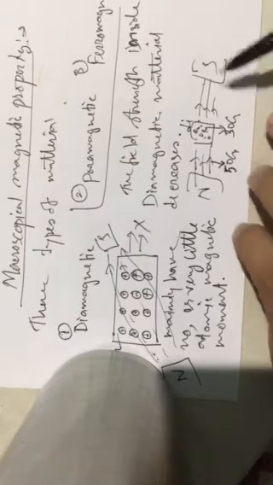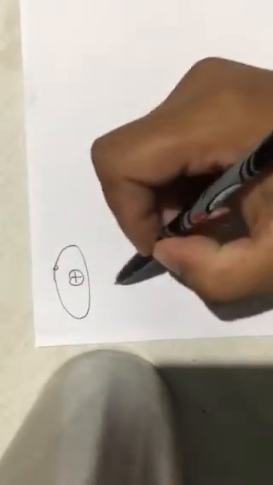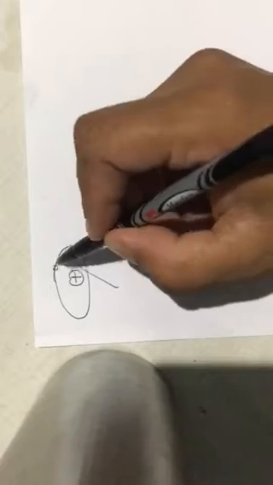In your previous study you may know that if in an atom there is an electron moving in a path, and you apply a magnetic field, the electron will start moving in this plane.